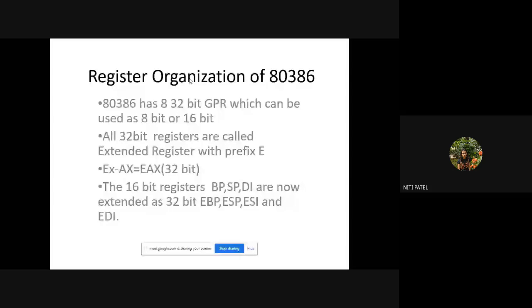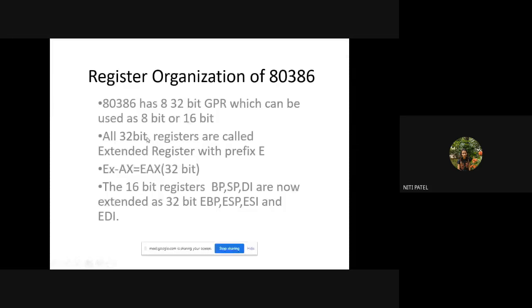So it can either be used as 8 bits or as 16 bits, just as we used 16 bits as two 8 bits in 8086. All the 32-bit registers are called extended registers.